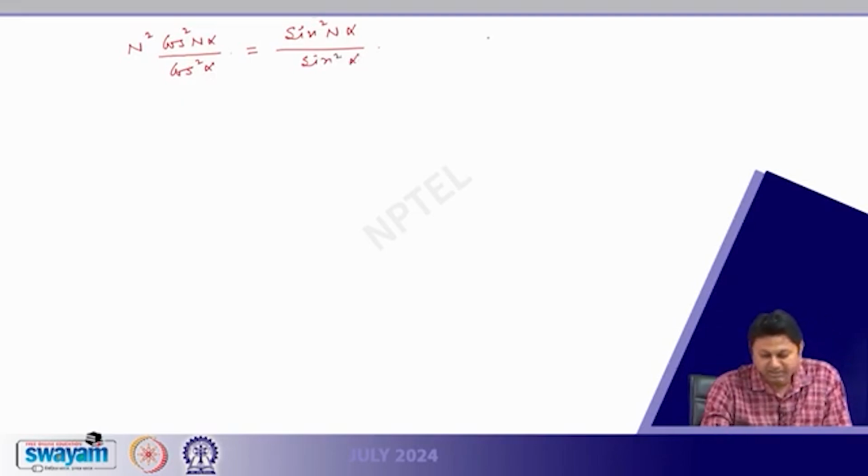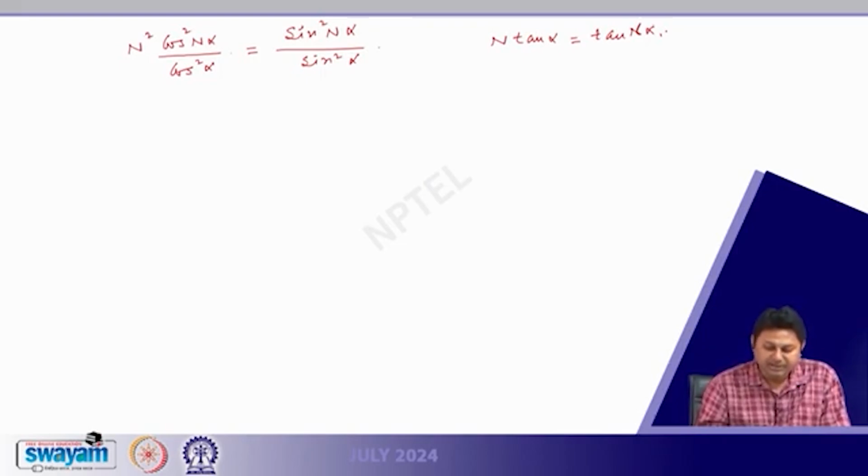This condition I get from the condition of maxima, that is n tan alpha is equal to tan n alpha, or n cot n alpha is equal to cot alpha; both are the same. So, tan alpha I write as sin by cos, tan n alpha I write as sin n alpha divided by cos n alpha, and then I write this.